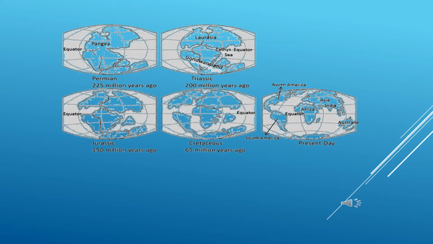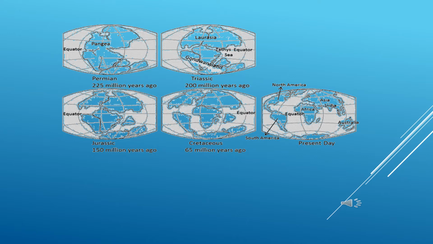So during the Permian period, 250 million years ago, there was a supercontinent. It was known as Pangaea. Its northern part consisted of the present-day North America and Eurasia.